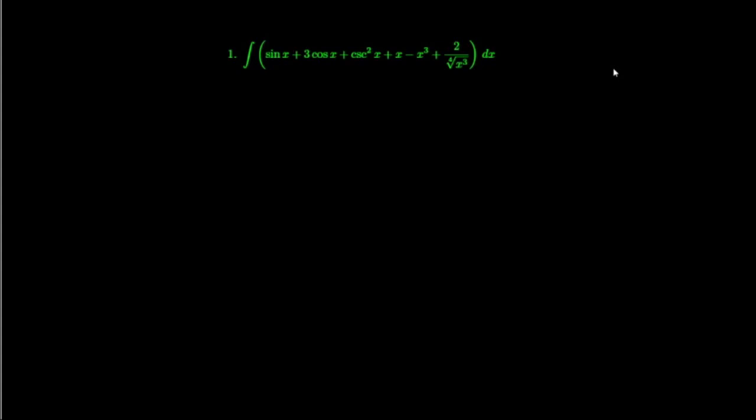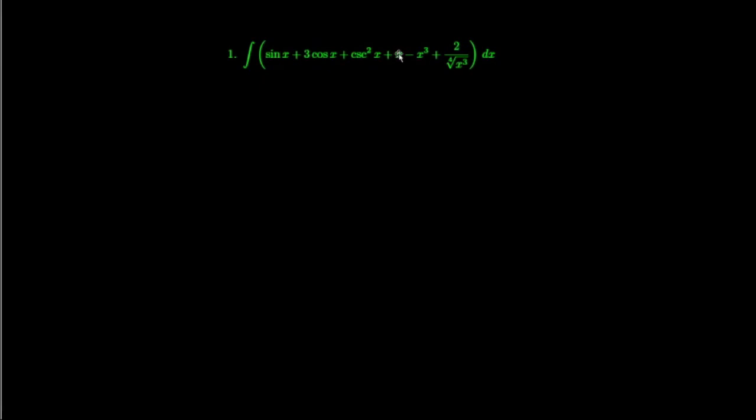On the screen, you have an indefinite integral. The question is in the nature of using the basic formulas. For all the terms, you can get antiderivatives directly from the formula.